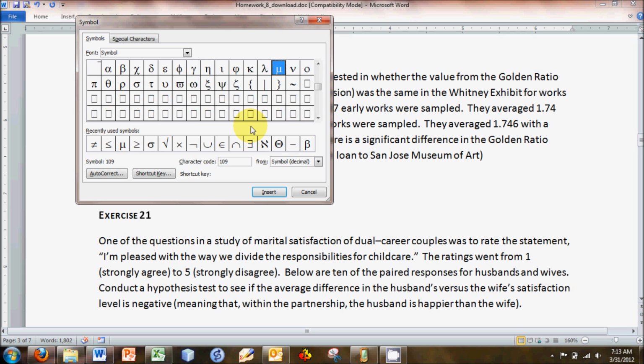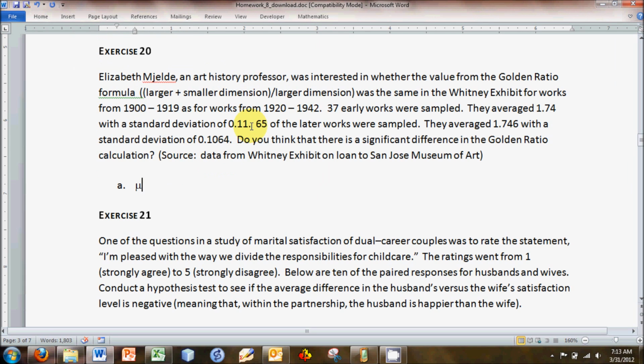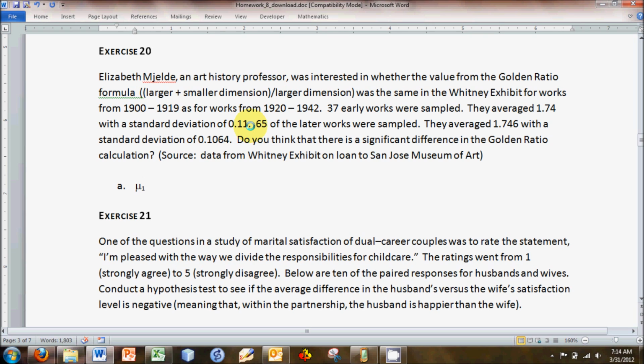mu. And we have two parameters that we're dealing with here. It's the average golden ratio calculation from early works of art and the average golden ratio calculation from the later works. And so I'm going to have to identify two parameters.